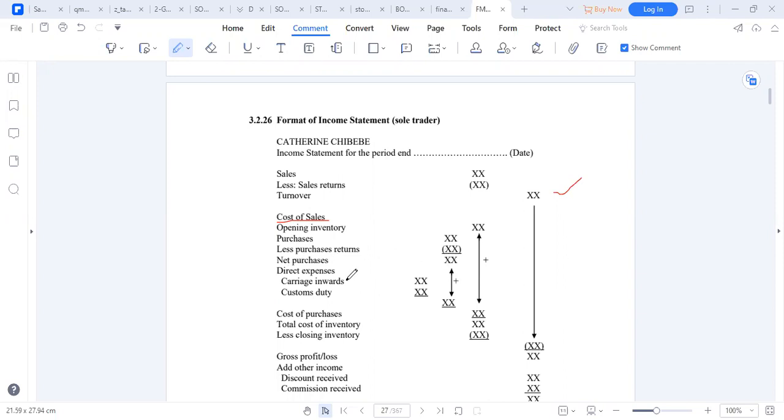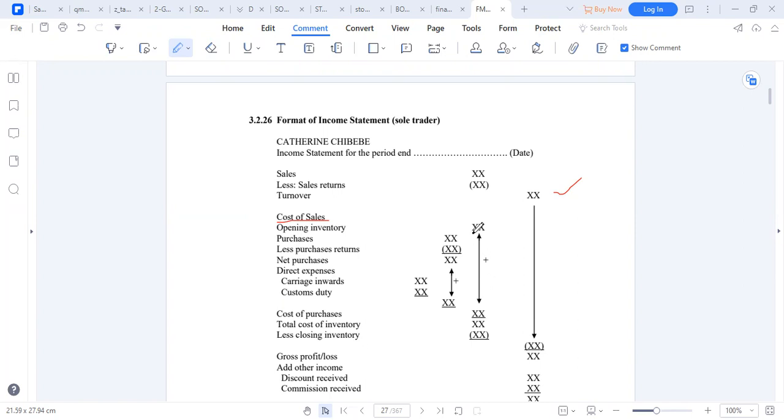To the net purchases, we can add expenses, which we call direct expenses, like carriage inwards, transport for bringing the goods to the business, or customs duty. We add these here. So the total is the cost of the purchases. When we add the cost of the purchases to the net purchases, we get the total purchases.